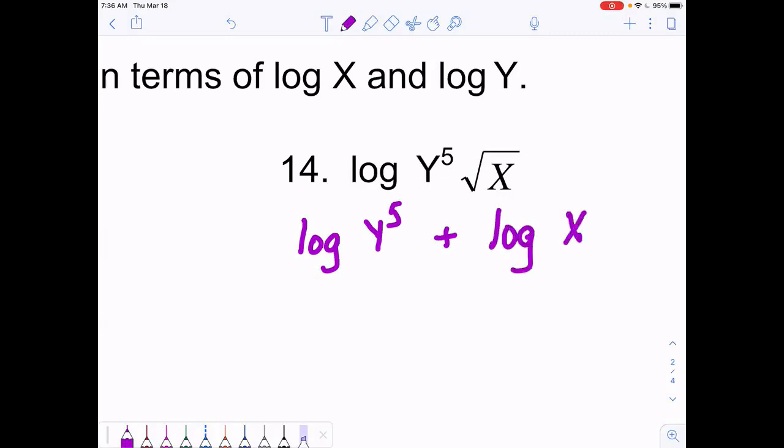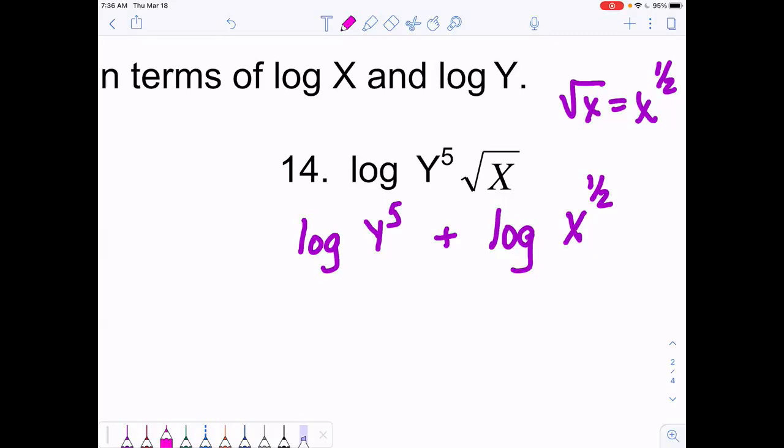And then the square root of x, I'm going to change as an exponent in this same step. We know a square root is really the exponent of a half. You have to expand first, though. After you expand, Jordan, what would you do next to continue to expand this problem?